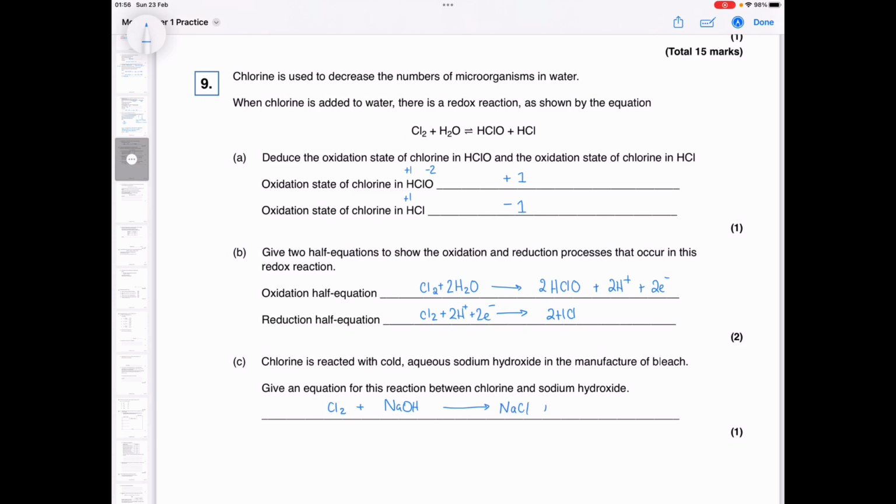So make sodium chloride plus NaClO plus H2O, and then we need to balance this equation. So if I take a look at it, we're going to need 2 sodium hydroxides to make that balance.